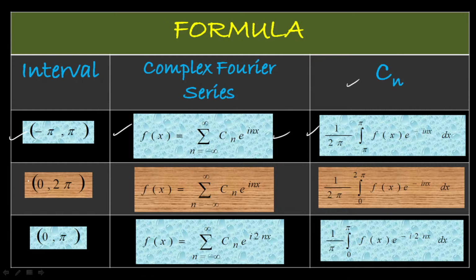Suppose the same function is defined on 0 to 2 pi, we make use of this formula, and for calculating c n we make use of this formula. If it is on 0 to pi, we make use of this formula, that is the general Fourier series representation, and for calculating c n we make use of this formula. So now the function is defined under minus pi to pi, so this is the general form, and for calculating c n we make use of this formula.